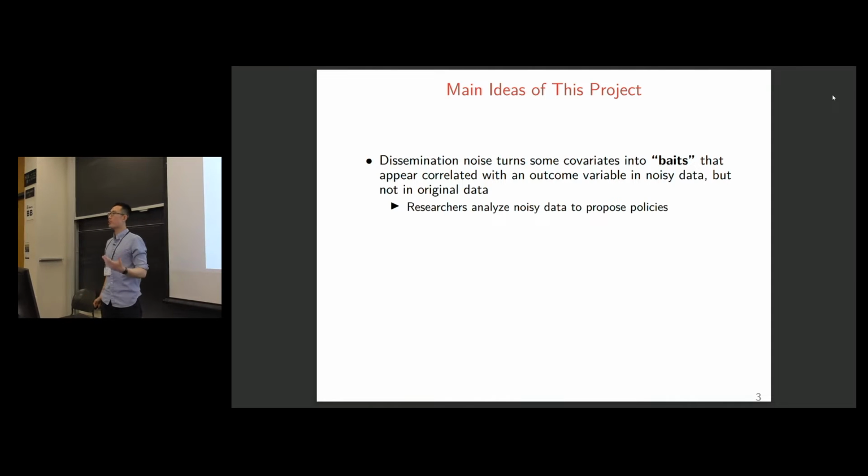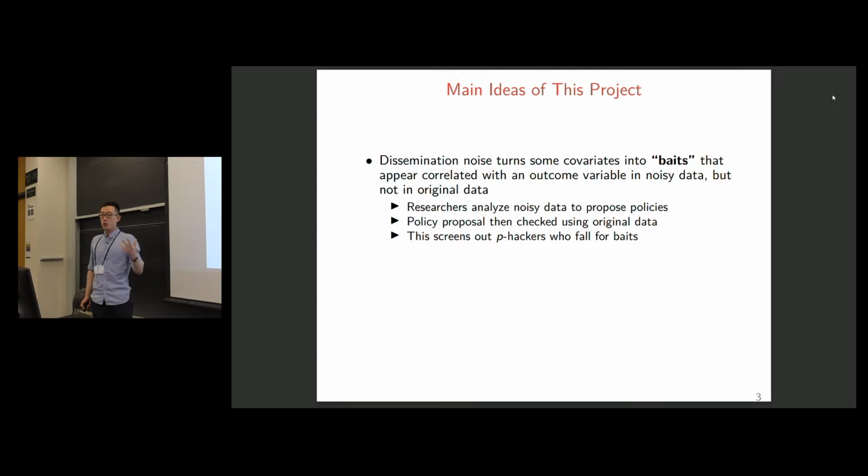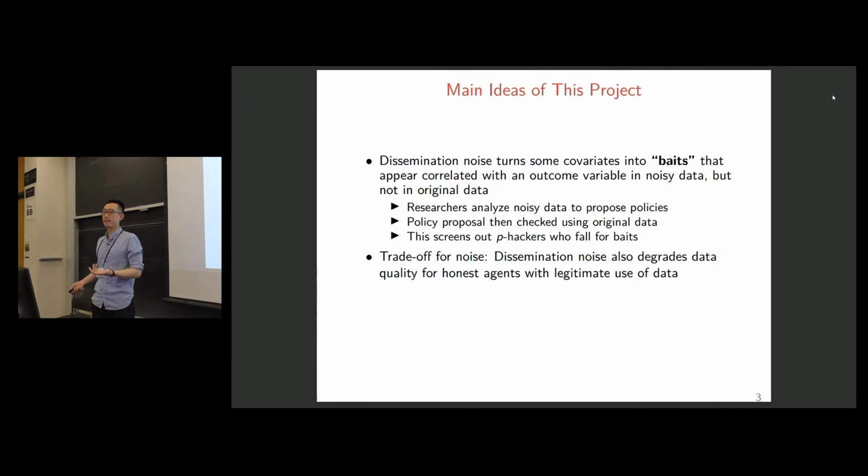So researchers are going to analyze noisy data to propose policies. And then these policy proposals are checked using the original data without the noise. This will screen out p-hackers who fall for these baits and report policies which only look good in the noisy data because it happened to have been hit by a realization of the noise that makes them look correlated.